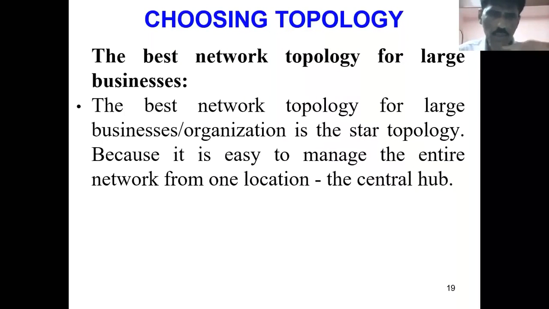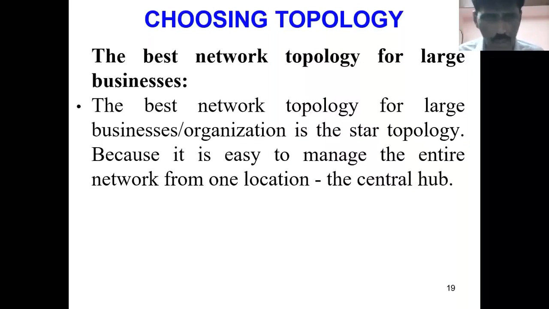Already I told in the star topology explanation, the reason is it is easy to manage the entire network from one location, that is the central hub. Every device is connected to any other device in the star topology network through a central hub. So control is easy. The best network topology for large businesses is by and large the star topology.